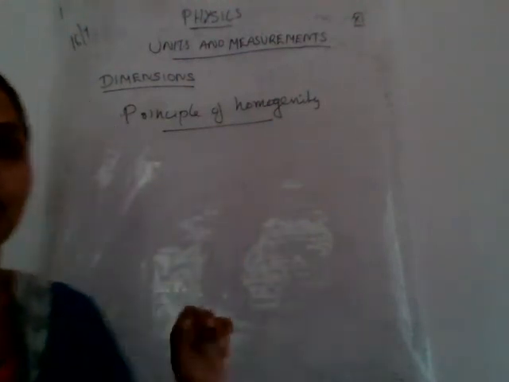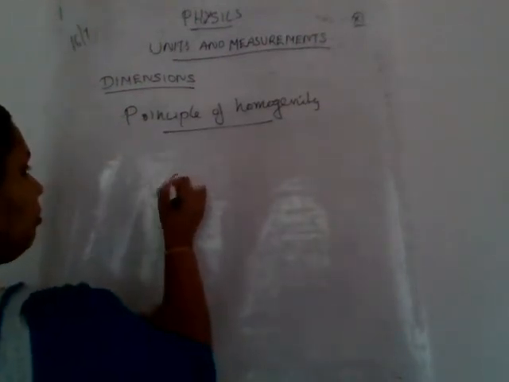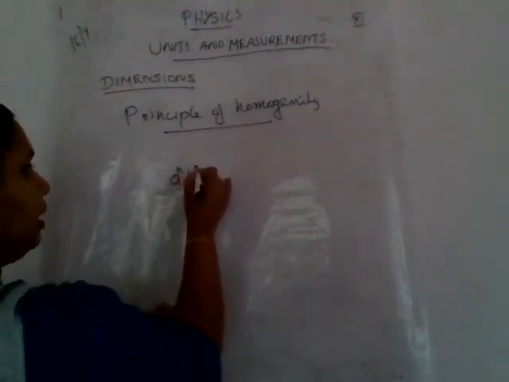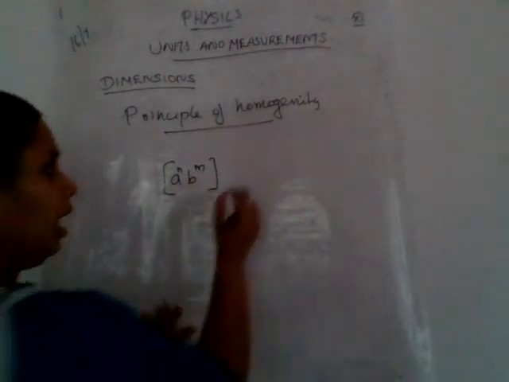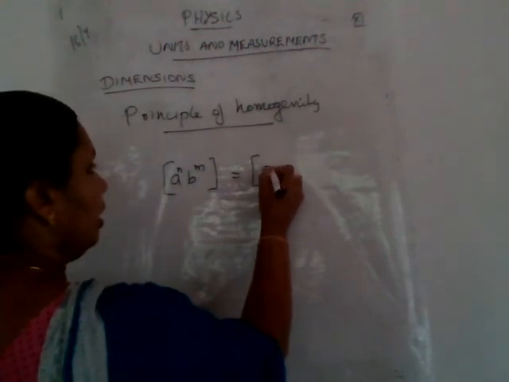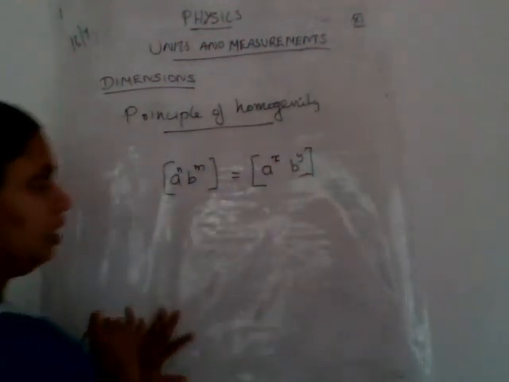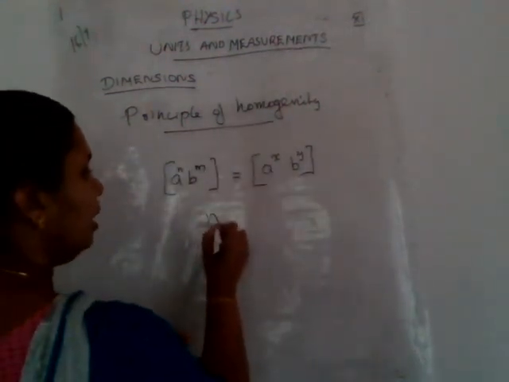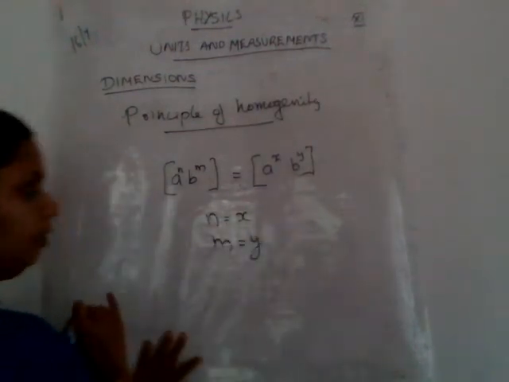Okay, that is known as the principle of homogeneity. For example, here on LHS we have A raised to n and B raised to m, and in RHS, you have A raised to x and B raised to y. So according to the principle of homogeneity, n is equal to x and m is equal to y.